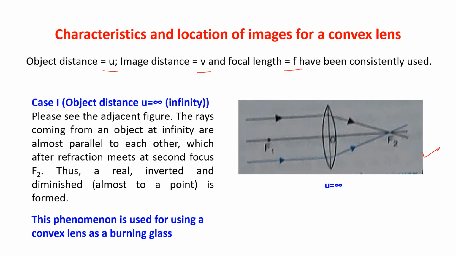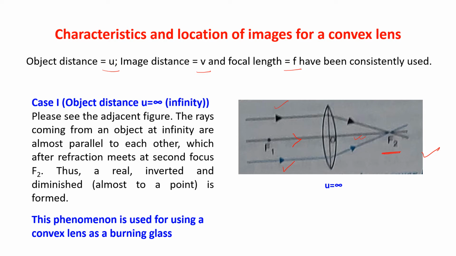We can take a ray of light coming along this line, incident on the optical center. It will pass undeviated because it is falling normally. The other two parallel rays will fall on the convex lens and after refraction, they will meet at the second focus F2.